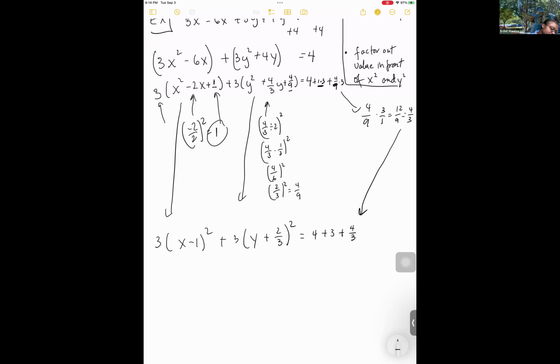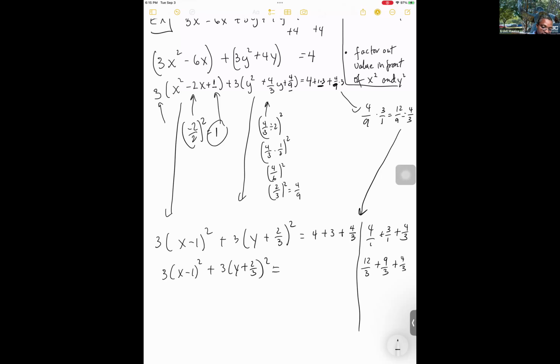And so that's going to be 3 times x minus 1 squared plus 3 times y plus 2 over 3 squared. I need to add these together. So I need a working column. 4 over 1 plus 3 over 1 plus 4 over 3 is 12 over 3 plus 9 over 3 plus 4 over 3.